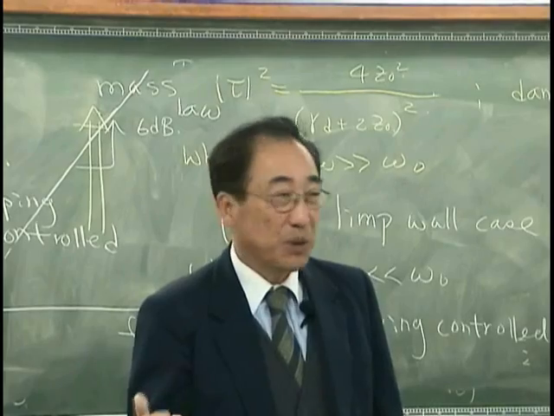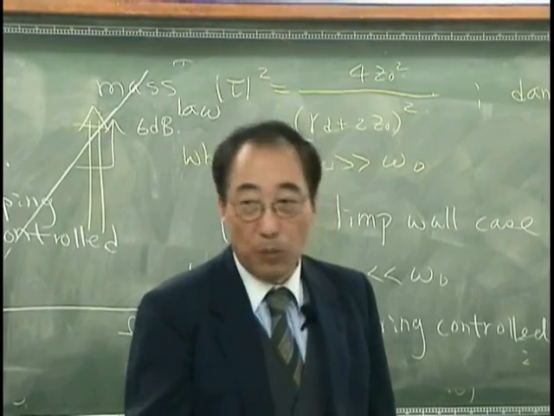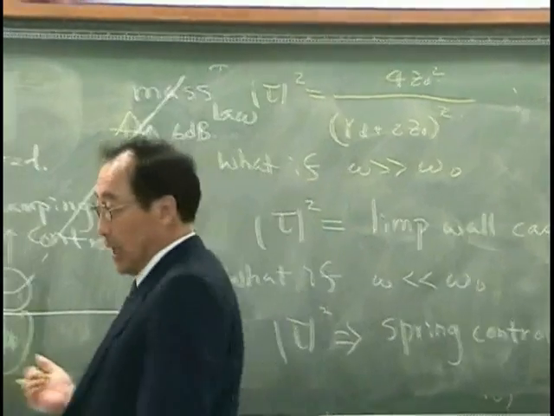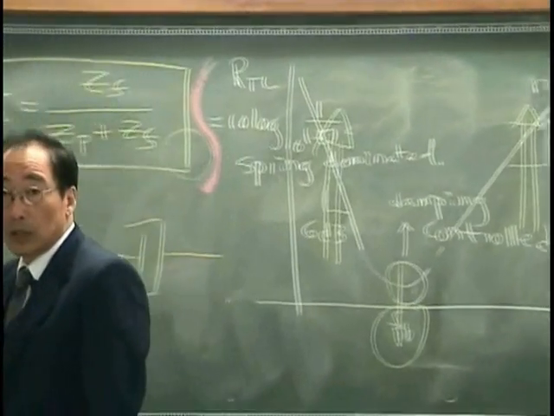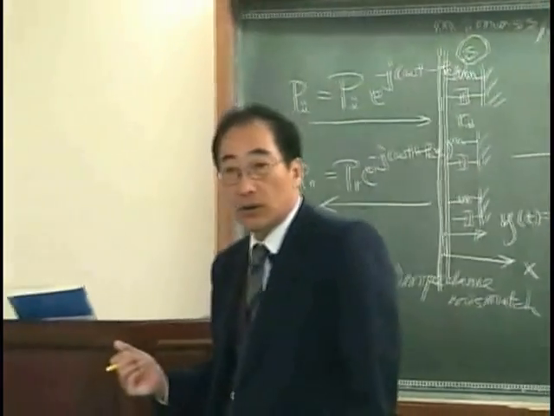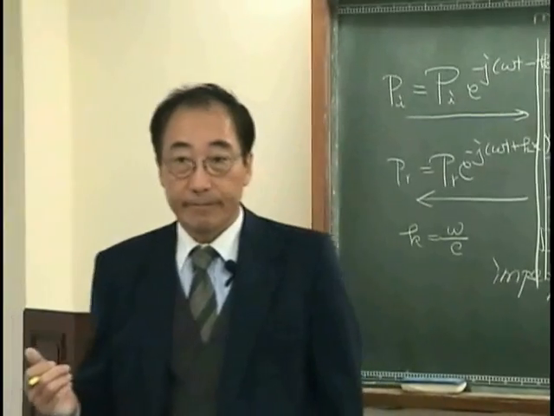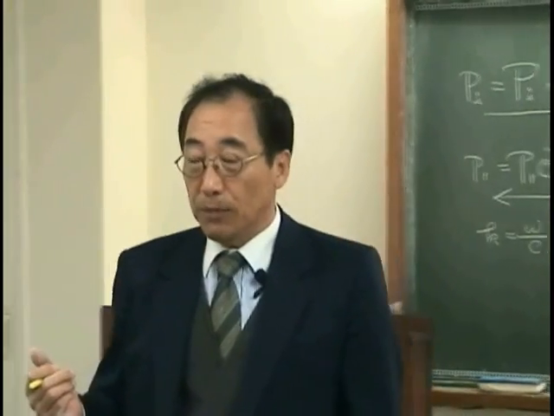So the mass law is very powerful. We normally use the mass law for designing partitions. That is our conclusion. So the number you have to remember is what? 132.